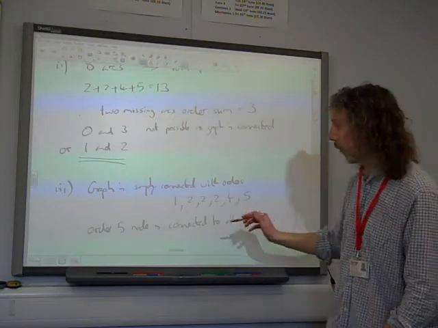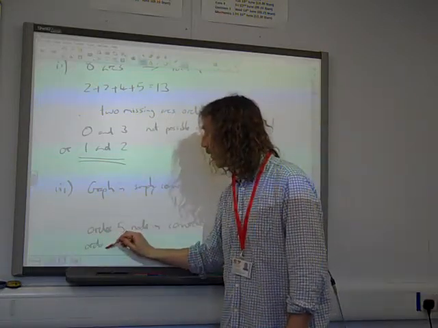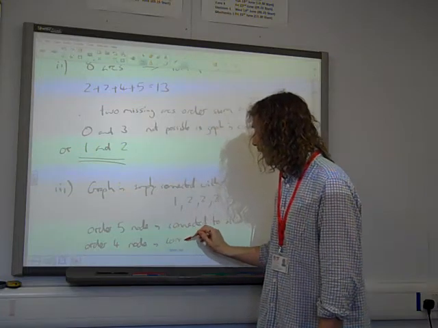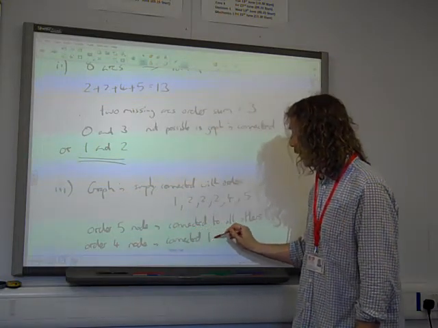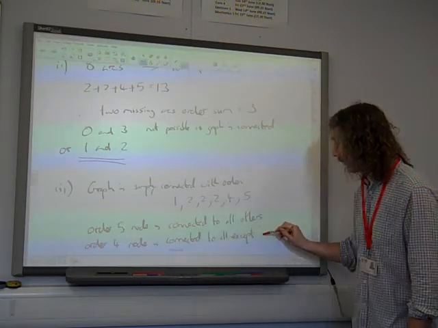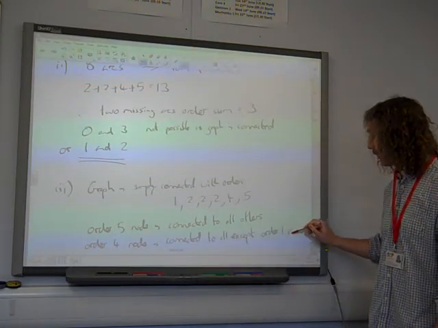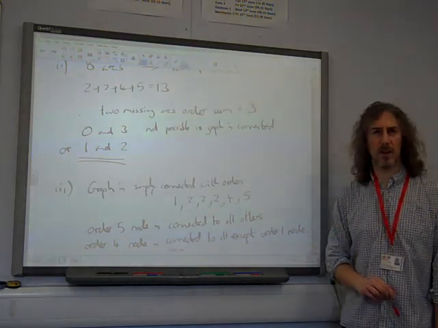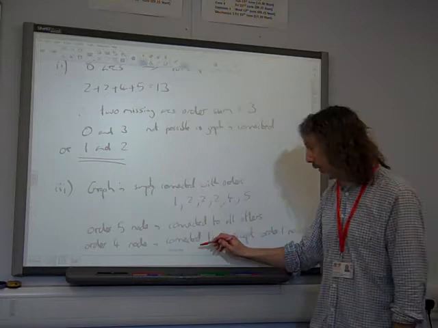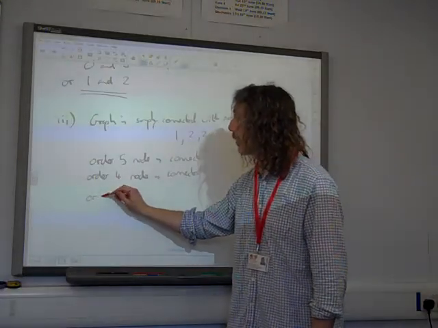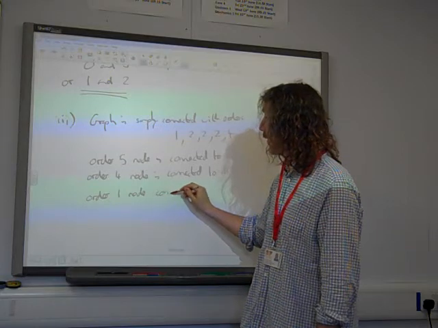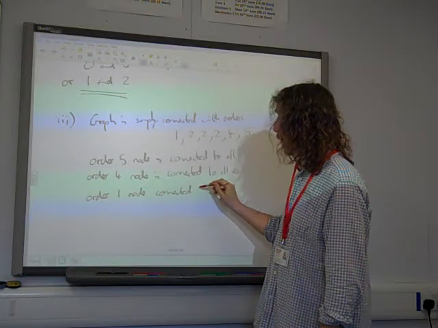The order 4 node is connected to all except the order 1 node. And that must be true as well, because there's no flexibility in that. The order 1 node is connected only to order 5.